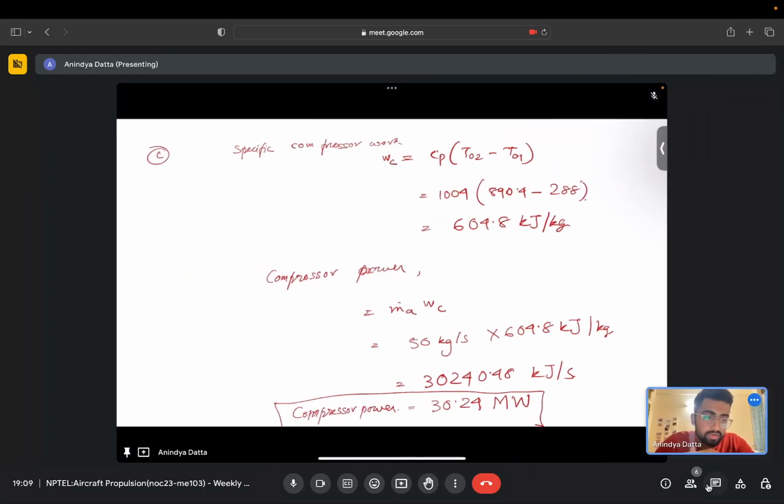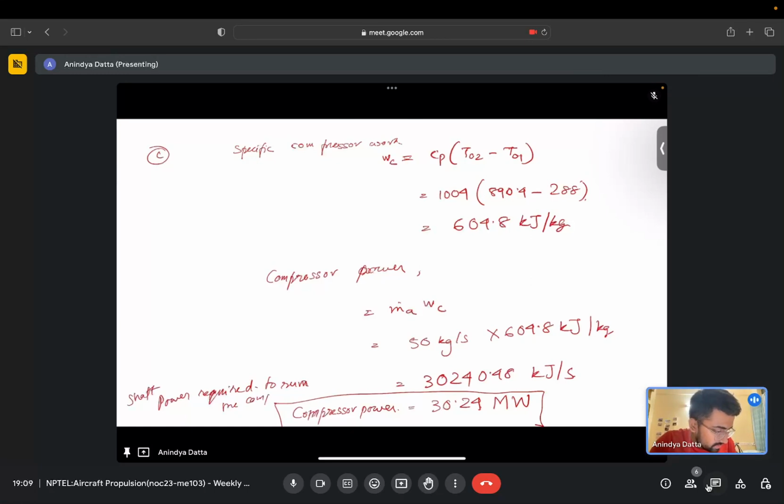Yes, it is the power required to run the compressor, or you can say shaft power required to run the compressor.